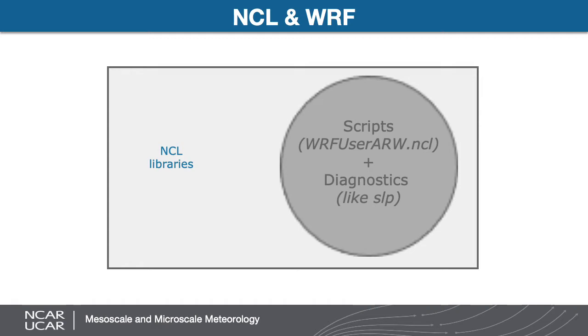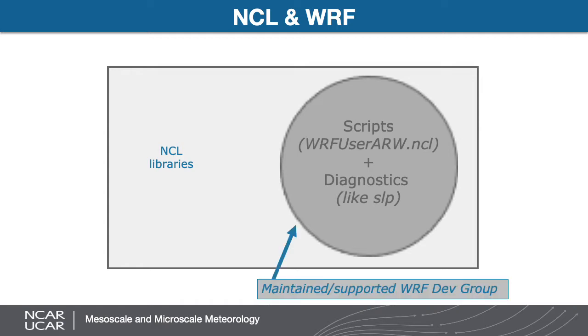It's WRF_user_arw.ncl. And then we also have diagnostics like sea level pressure. These are maintained and supported by the WRF development group, and they are also user modifiable. So if you want to add something or change something you don't like how it's calculated, you want to use a different version of the calculation, you can go in and change that.